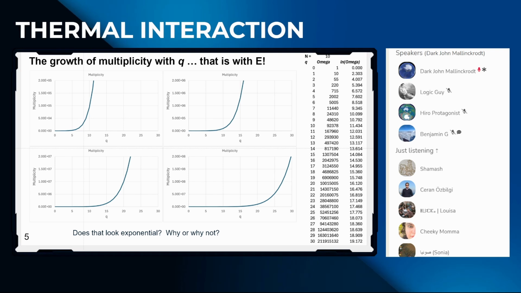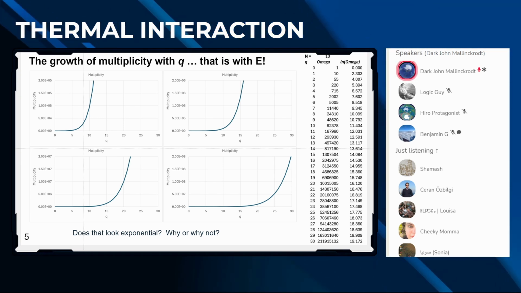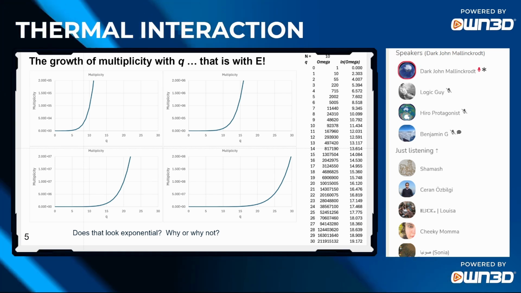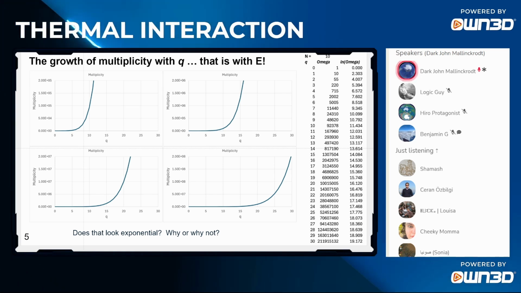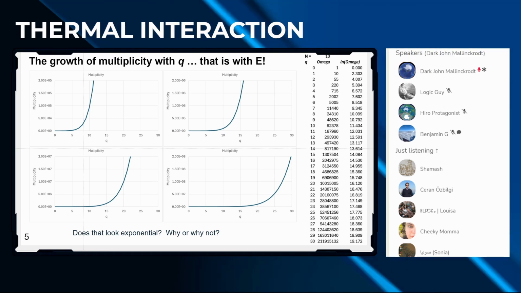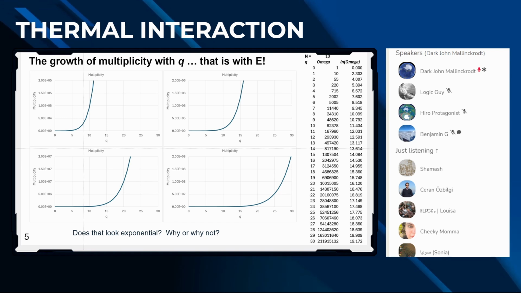When you get up to 20, what is that? 10,015,005 ways of storing 20 units of energy in 10 oscillators, etc. And you can see, as we suspected, that the multiplicity, which I'm calling omega here, sorry, there are too many words for all these things, multiplicity, omega, those are the same thing, is growing very quickly. So what I've done is I've plotted the multiplicity as a function of Q.